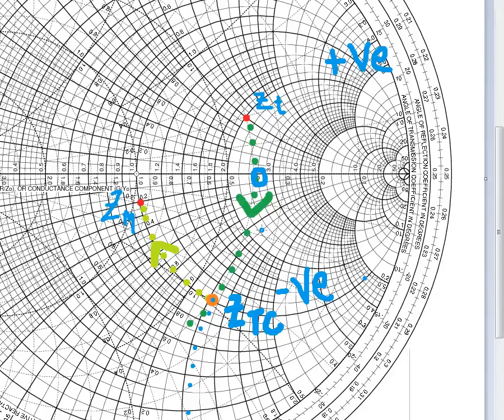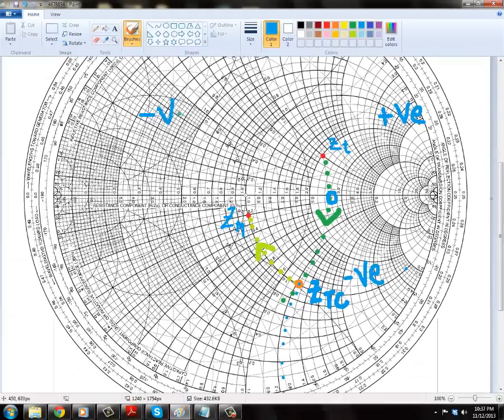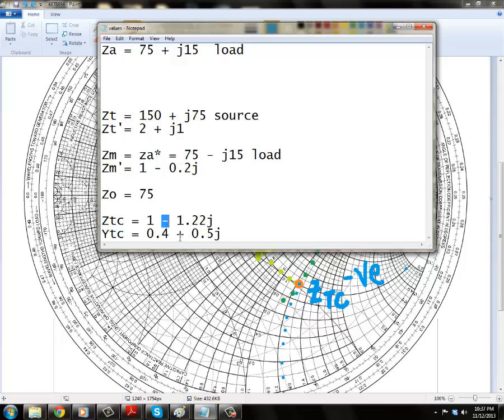The opposite will happen for the Y chart. For the Y chart, this is the negative side, and for the Y plane this is positive. Right now we are only concerned with Z, so we don't need this. That's why we have a negative sign over here.